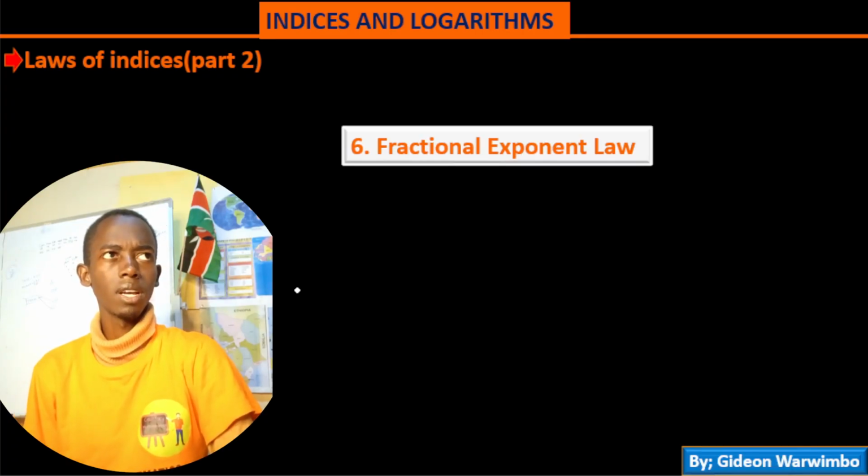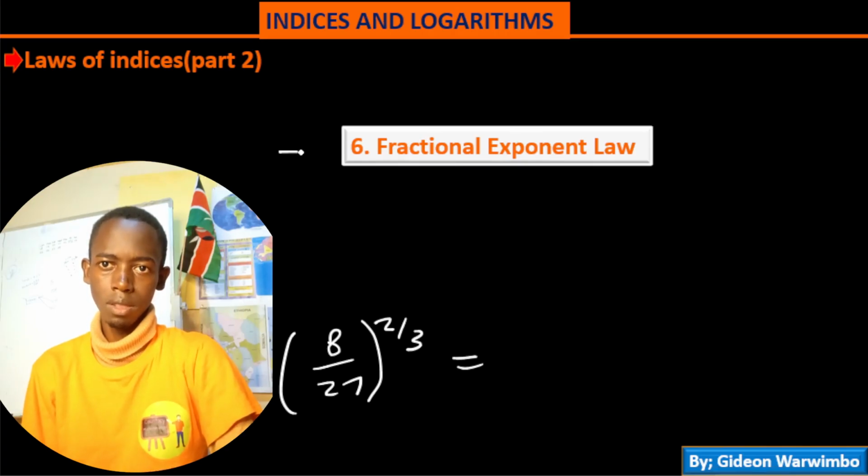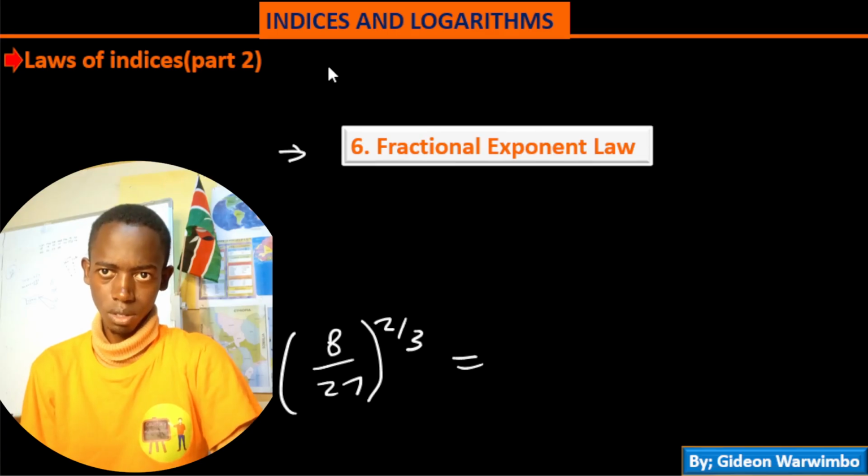Let's take even a case like 8 over 27, and you find it is raised to 2 over 3. How would you deal with such a number? The way that you should deal with such is by applying this formula that I'll teach you right now, and that is the fractional exponent law. Let's check what it suggests.